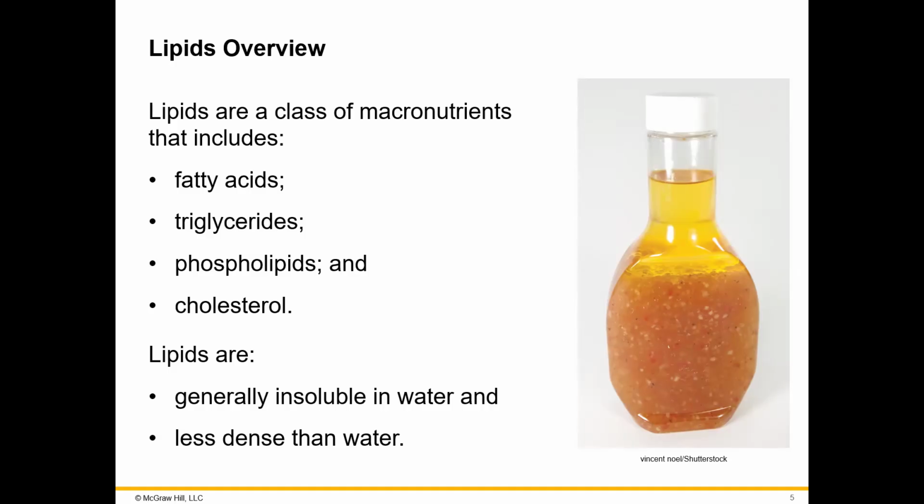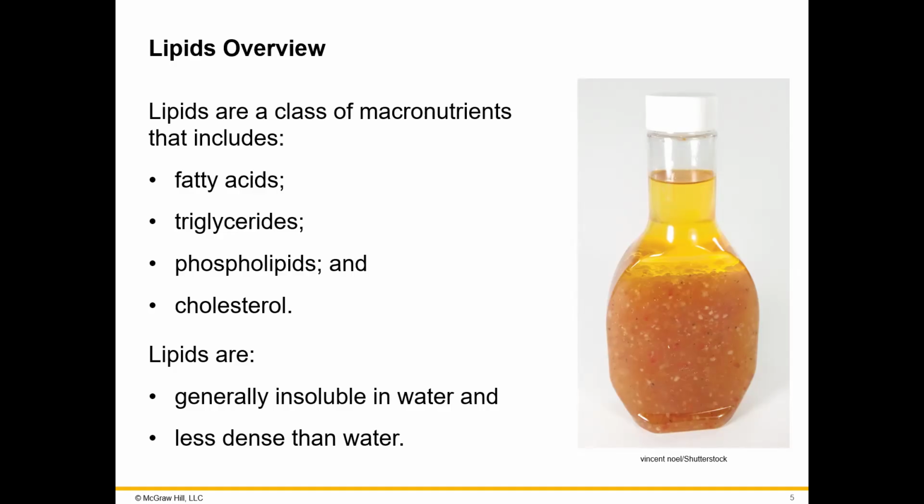So, I wanted to begin with talking about how lipids are the second major type of macronutrient we're going to be dealing with. Remember, last week we did carbohydrates. This week we're focusing on lipids, and they are more or less oil and water don't mix.